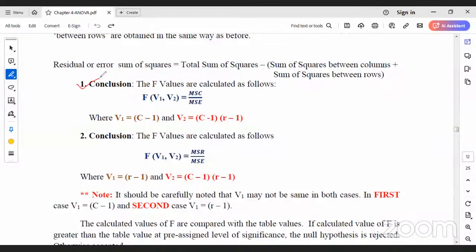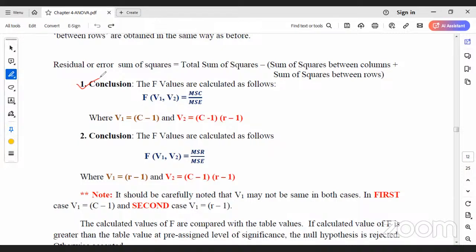The F value is calculated as follows. F with V1, V2 is equal to MSC divided by MSE, where V1 is equal to C minus 1 and V2 is equal to C minus 1 into R minus 1.